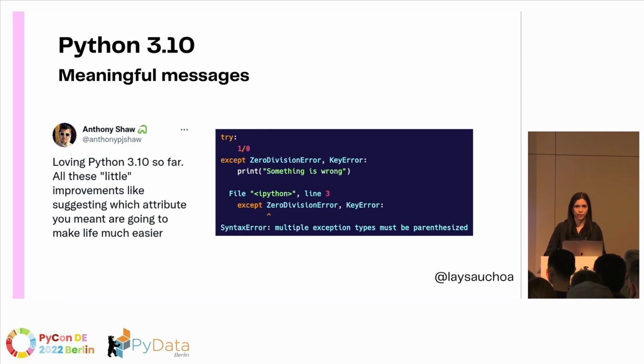Part of this is because the parsing was not automated. I was listening yesterday, and the code they had to maintain was like 8,000 lines of non-automated code to make the messages. That's why they tried to automate it, and they were very successful. Now you can have messages that actually guide you to where you need to fix your code.